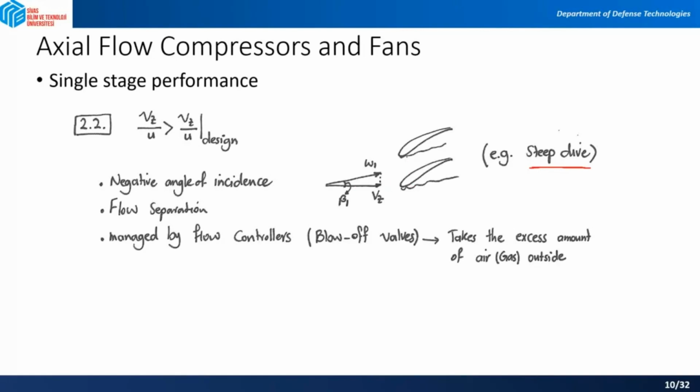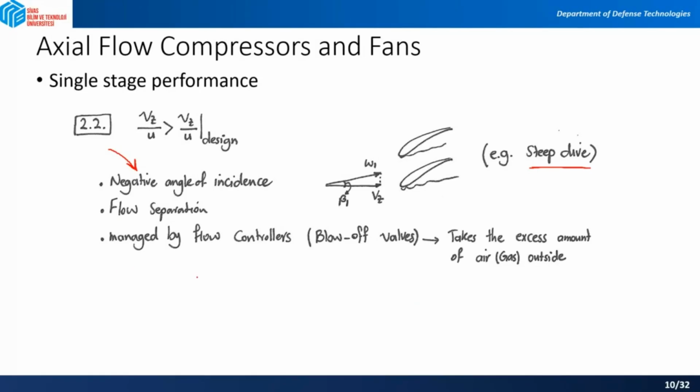Flow can separate from the bottom side, or the pressure side, of the blades. That means that you will come up with some negative angle of incidence or negative angle of attack in the blade, and then flow separates from the bottom side.